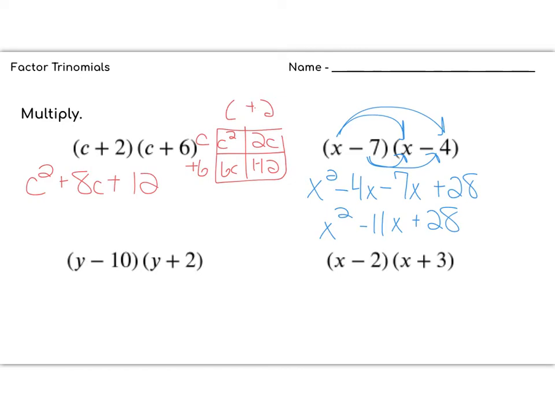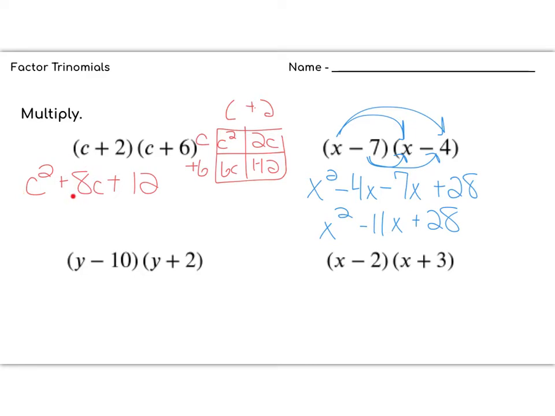What we want to see today is the relationship between the two binomials we started with and the trinomial that we ended up with. Notice that the leading coefficient is 1 because 1c times 1c is 1c squared, and 1x times 1x is 1x squared. So it's important to note that this is 1.